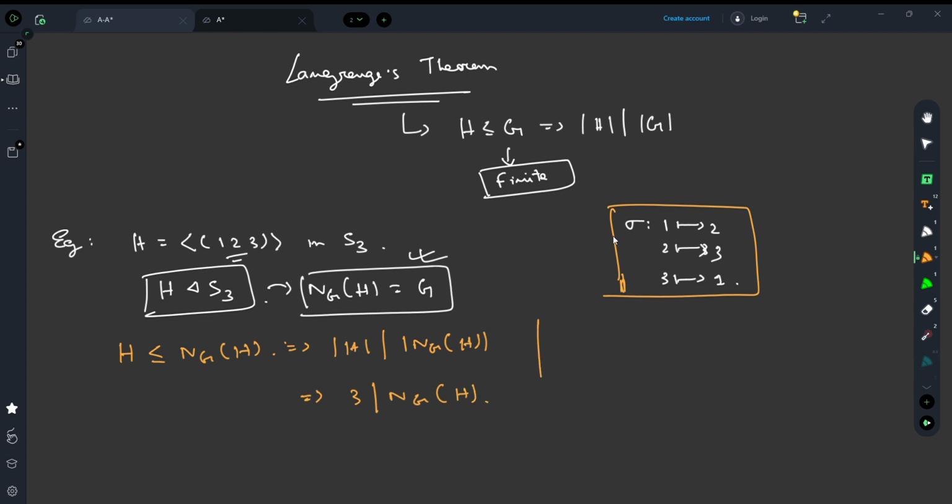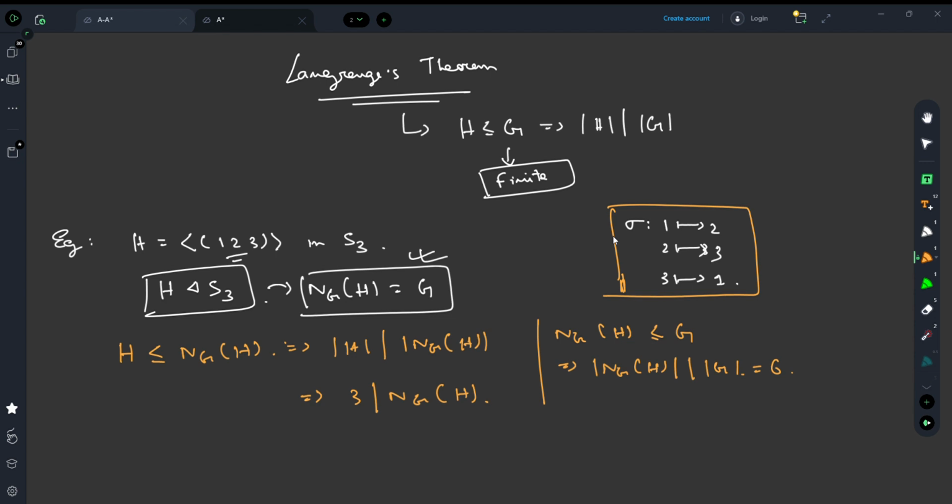But observe one more thing. By definition, the normalizer of H in G is a subgroup of G. But then that implies that the order of this normalizer must divide the order of G. The order of G is 6, because the order of S3 is 6.